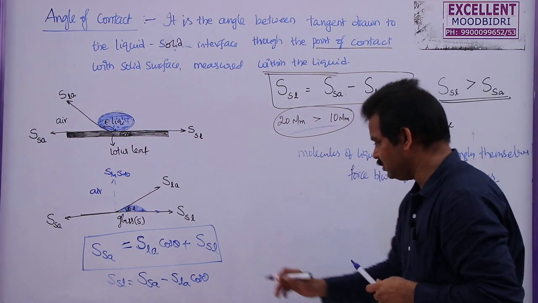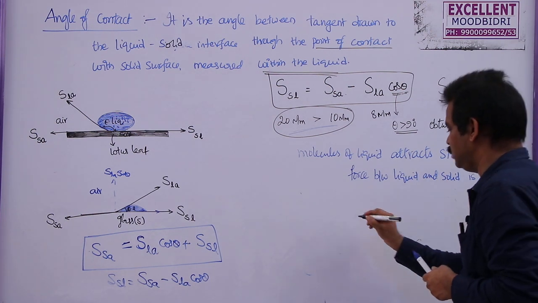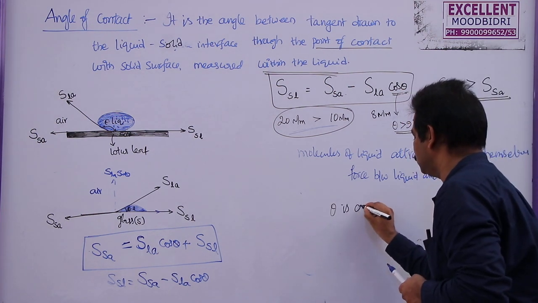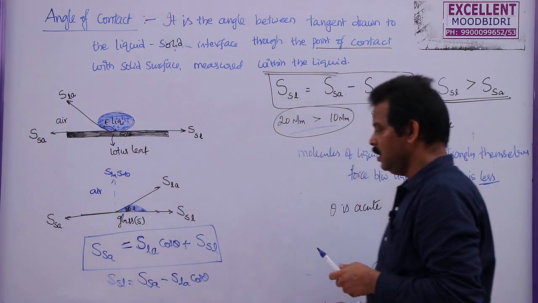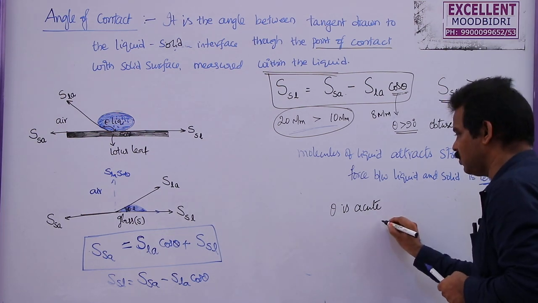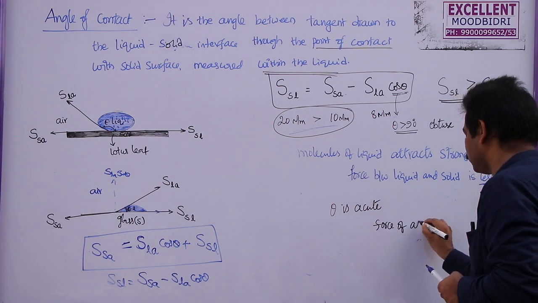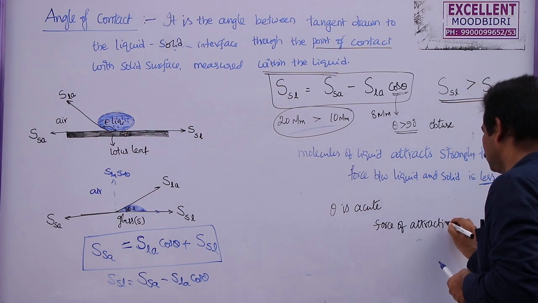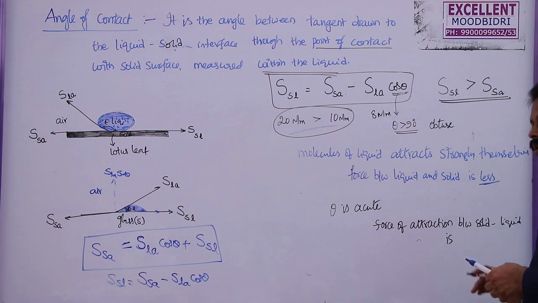Now in the other case, if theta is acute, less than 90, the force of attraction between solid and liquid is more than the force of attraction within the liquid molecules.